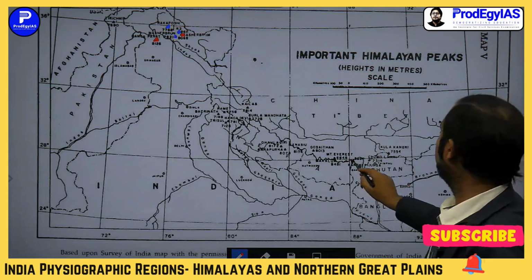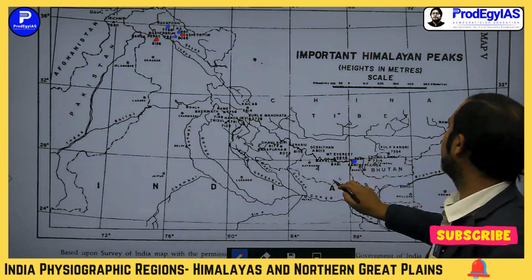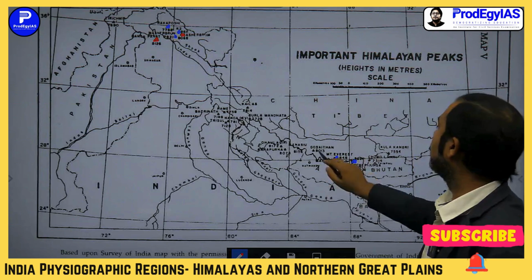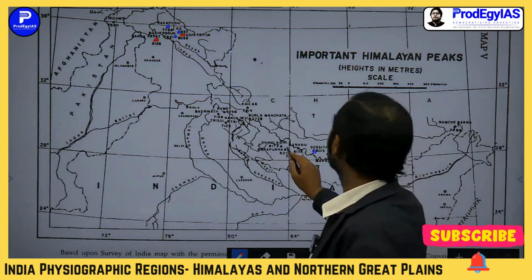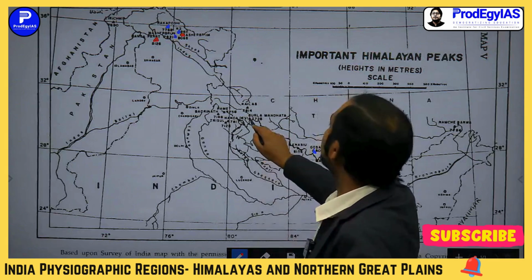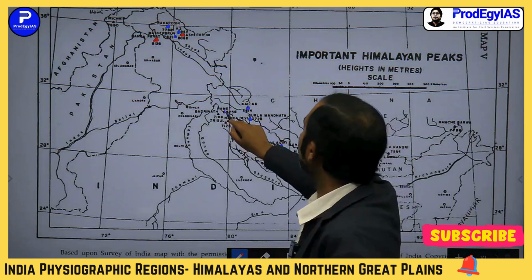Start from here, it is Kanchenjunga. Then it is Mount Everest, it is Makalu, it is Gosainthan, Annapurna, Dhaulagiri, Gurla Mandhata, Kailash, Kamet.